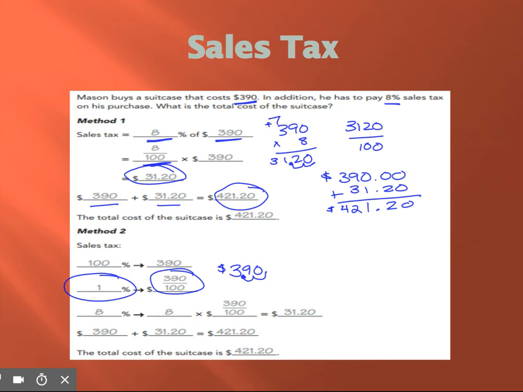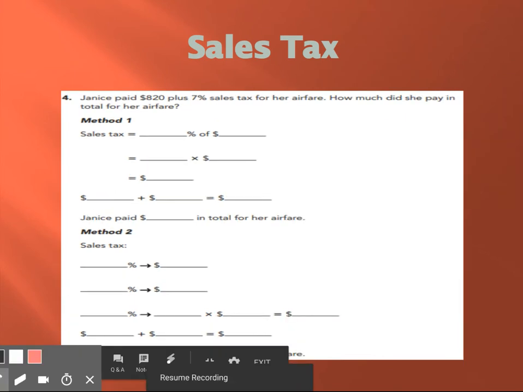So now, to find how much 8% is, I'm going to multiply 8 times the $3.90, or you can do it in the fraction form. And as you saw earlier, $31.20 is your answer. And again, don't forget they want total cost. So you add the original price plus the sales tax to wind up with total cost.